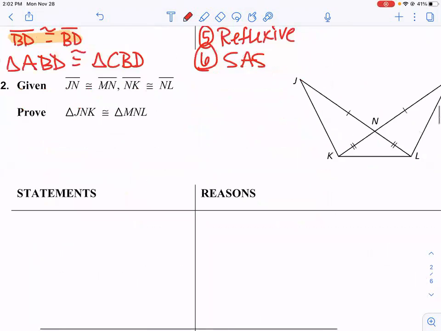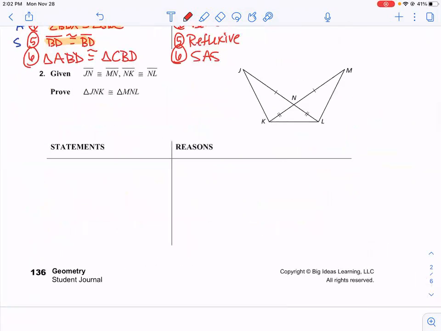All right, so I want you to look at number 2. We're looking at triangle JNK congruent to triangle MNL. These two triangles are what we're trying to prove congruent.